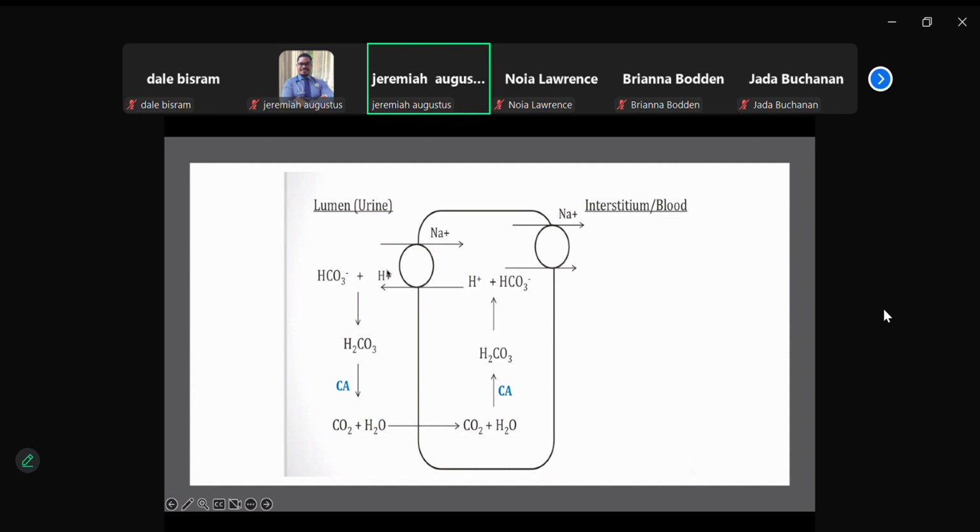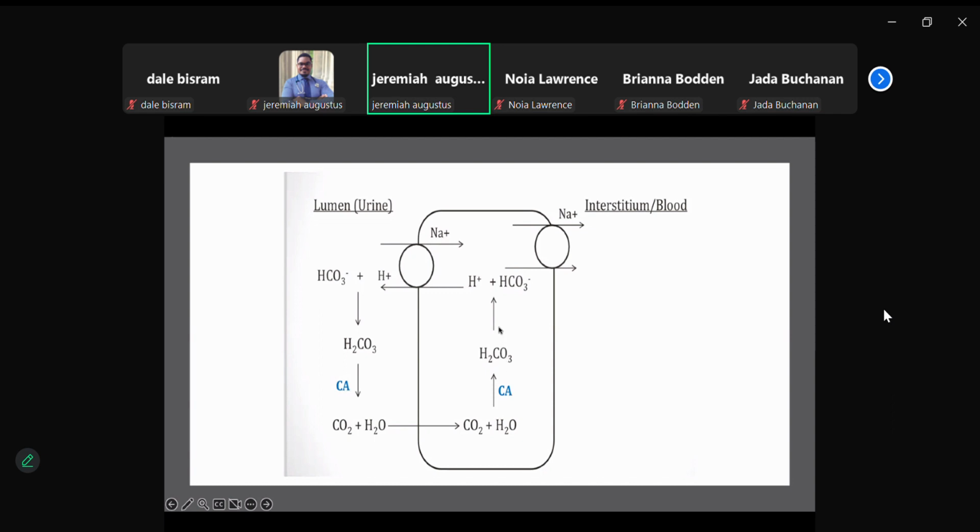When it does that, the hydrogen combines with the bicarb to form carbonic acid. Carbonic anhydrase breaks down that carbonic acid into carbon dioxide and water, which is then reabsorbed by the nephron, and another carbonic anhydrase inside the cell recombines the carbon dioxide and water into carbonic acid.